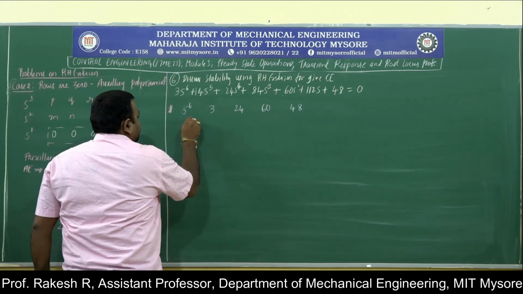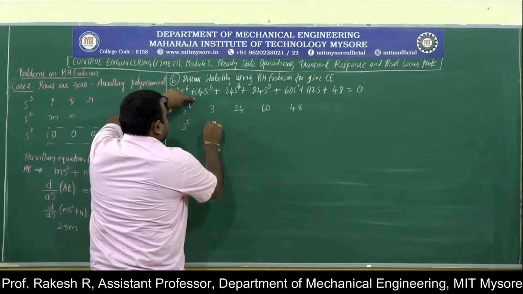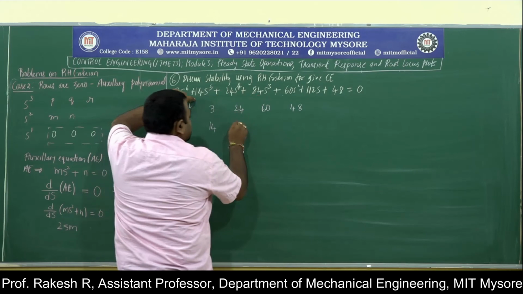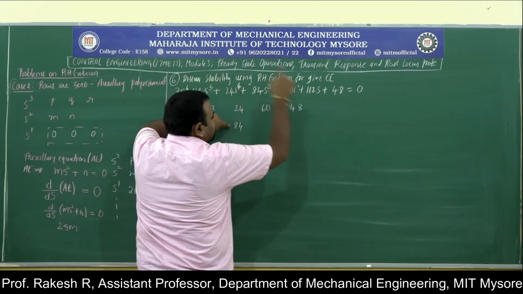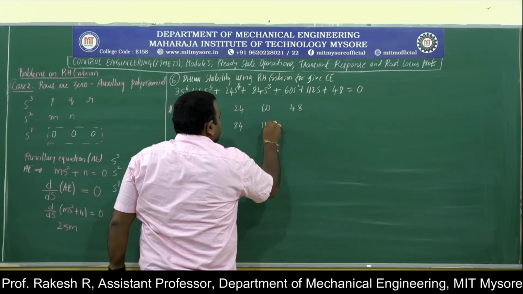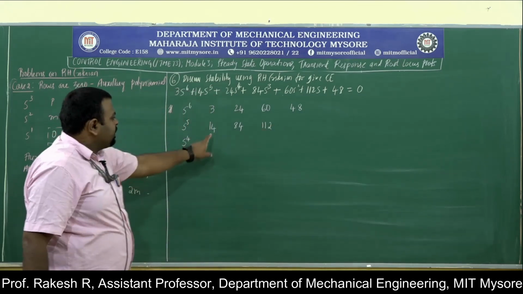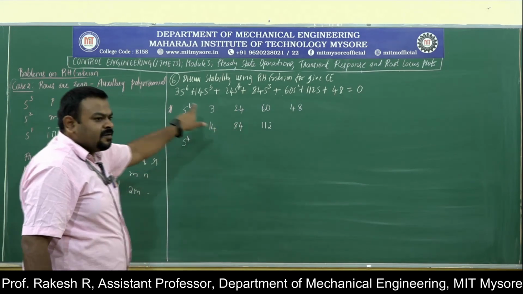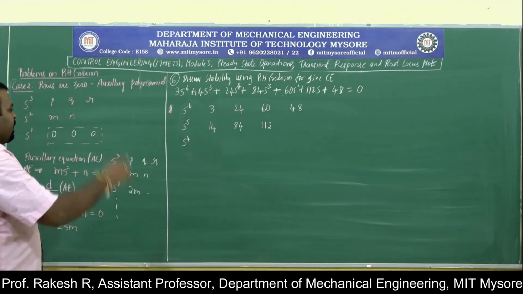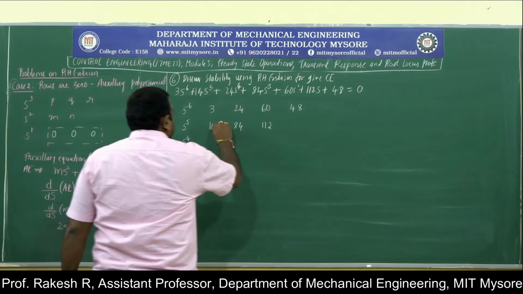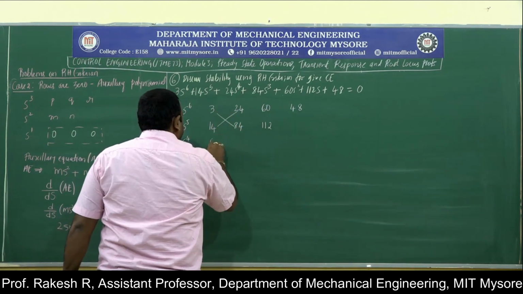Then s to the power of 5: first 14. The next decreasing is s cubed, 84. Then s to the power of 1, 112. Next you have to solve for s to the power of 4. It is (14 into 24 minus 84 into 3) divided by 14, so you will get around 6.